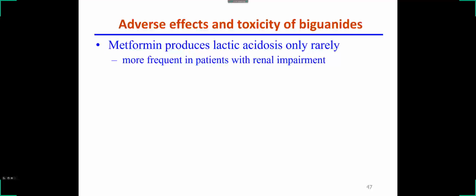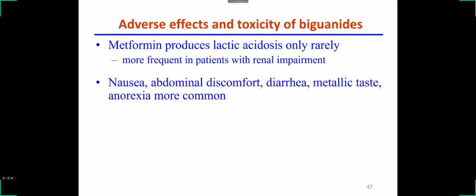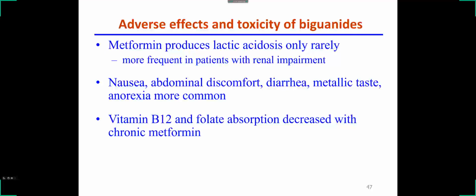Now, what are some of the side effects and toxic effects of these biguanides, of metformin? Metformin can produce lactic acidosis in some rare cases, mostly in patients with renal impairment. It can also cause some nausea, abdominal discomfort, some diarrhea, and provide a sort of metallic taste to the patients, with a slight increase in anorexia.